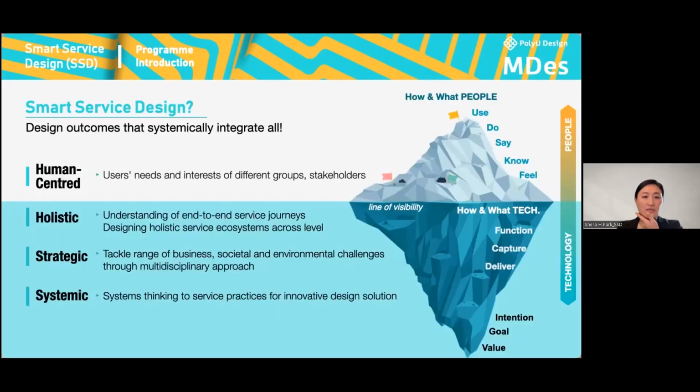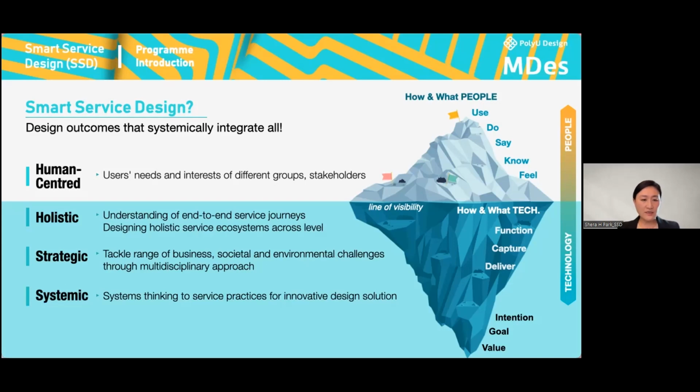So what does Smart Service Design stand for? SSD is not just user experience design or information or product design or any other single output of design applications, but we consider entire end-to-end services and customer experience that aims to create holistic service ecosystems.